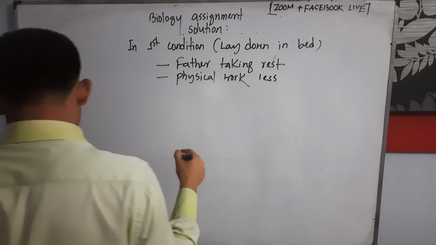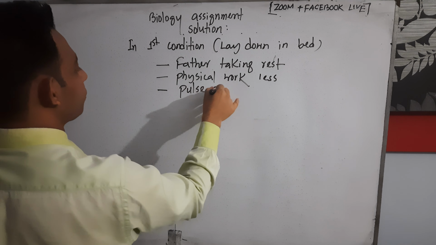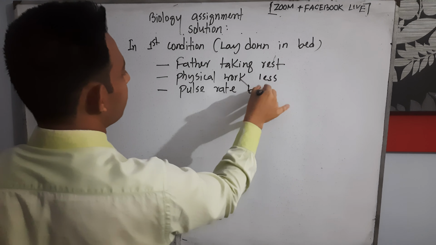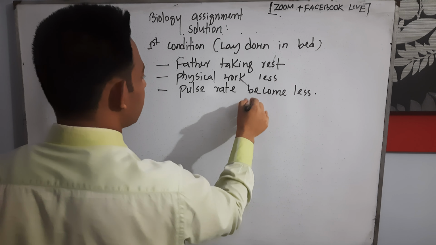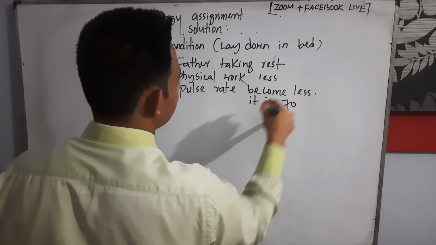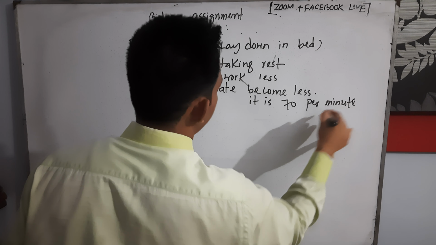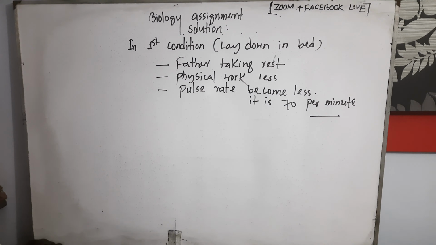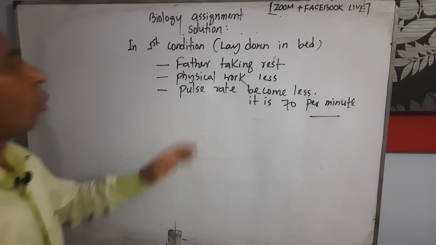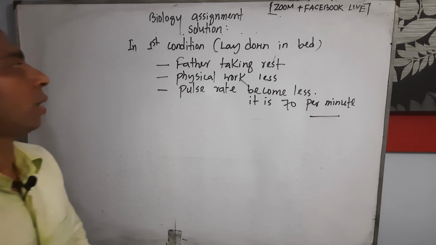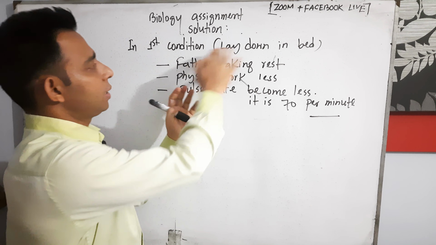Physical work less, so pulse rate becomes less, it is 70 per minute. Just everything to write in there, but your innovative idea will be in that way. You can write accordingly, that father taking rest in the first condition, father taking rest since laying down in the bed.